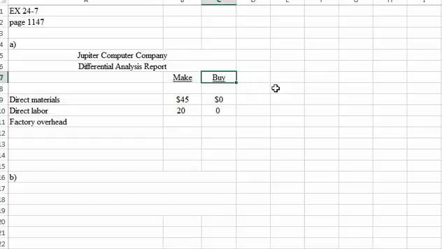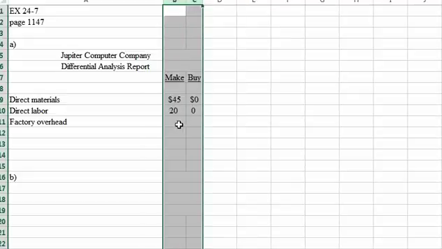If we were at full capacity, then fixed cost would increase if we made them in-house because we'd need a whole new manufacturing facility. But since we're below full capacity, our fixed factory overhead is not relevant here because it's going to be present. Say rent on the manufacturing facility is going to be there whether we make the products in-house or we buy them from the third party.